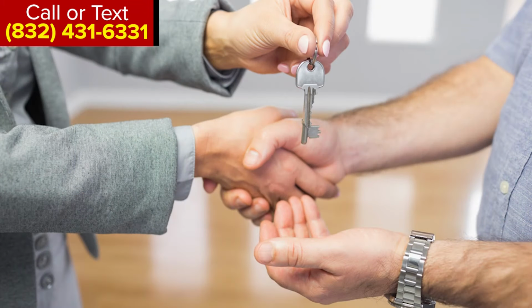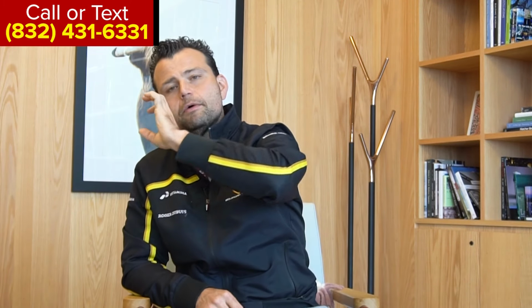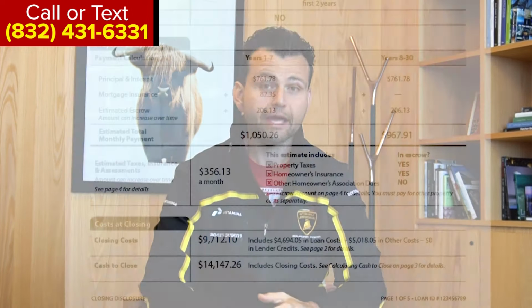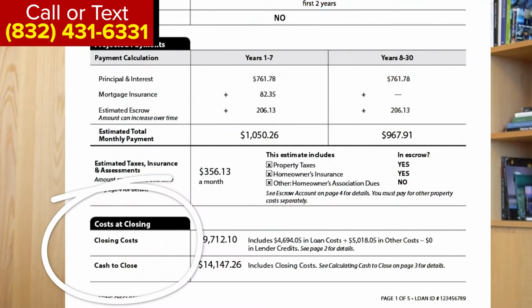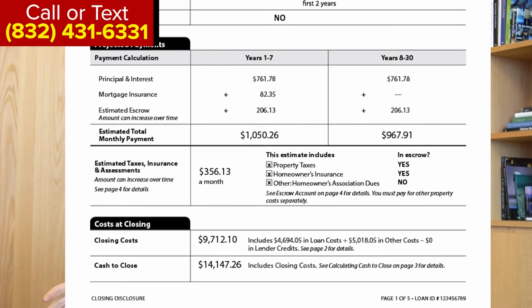So your total closing cost is not $19,500. Your total cash to close is $19,500. Your closing costs are $9,000, and your down payment is $10,500. So when you add all that up, that comprises your total cash to close, which is the $19,500 that you have to bring to closing.